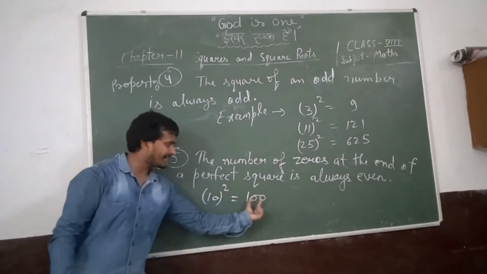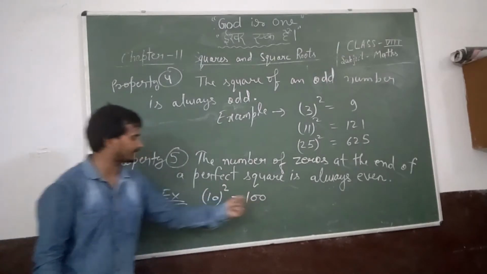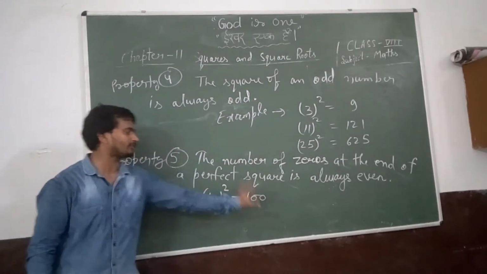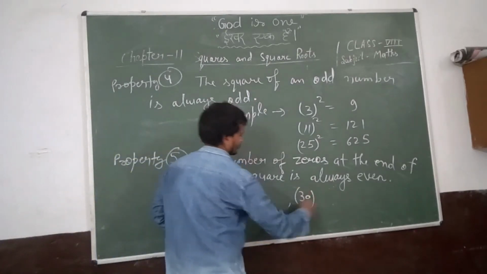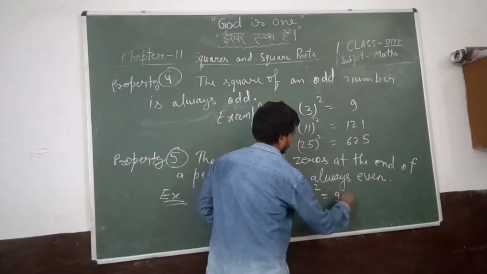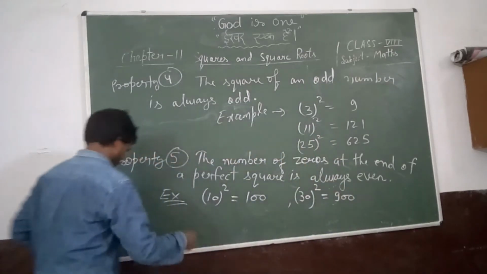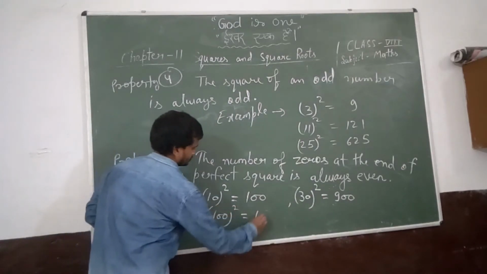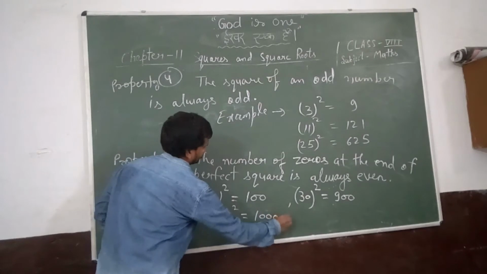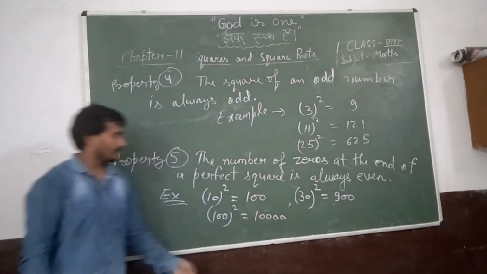That means 100 is a perfect square because it is square of 10. Square of 30 is 900. Square of 100 is 10,000.